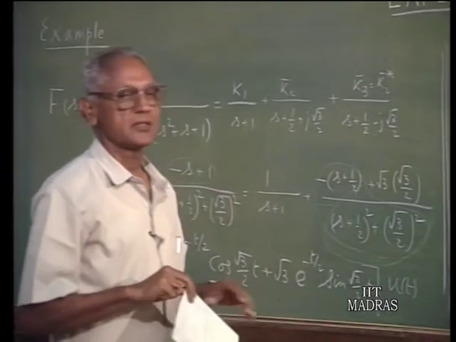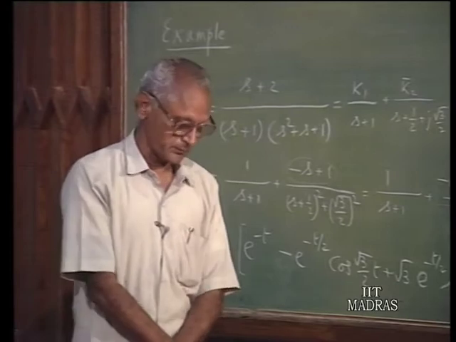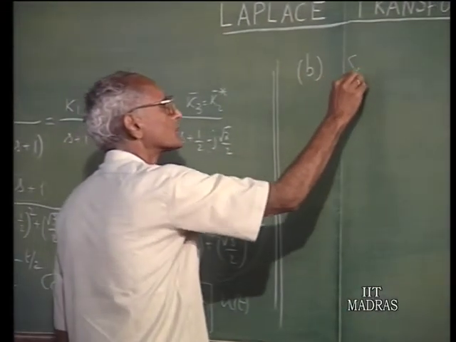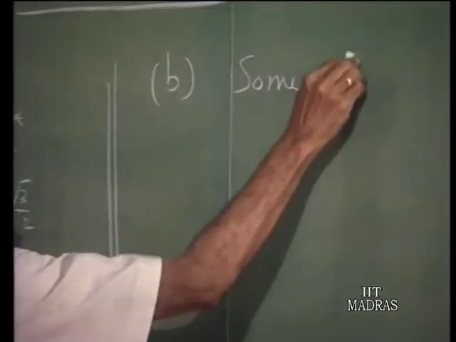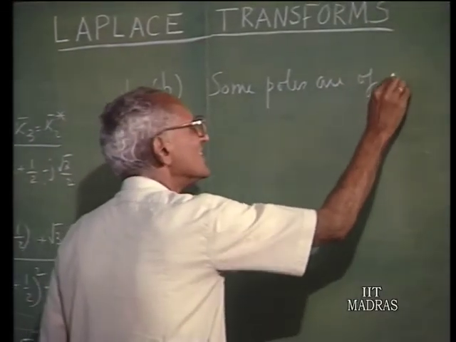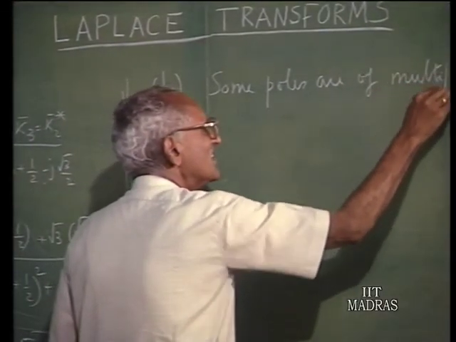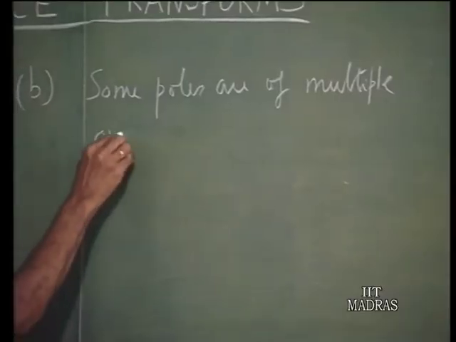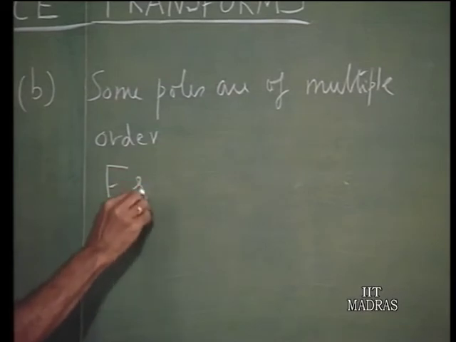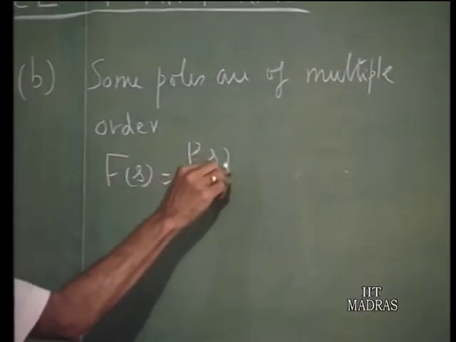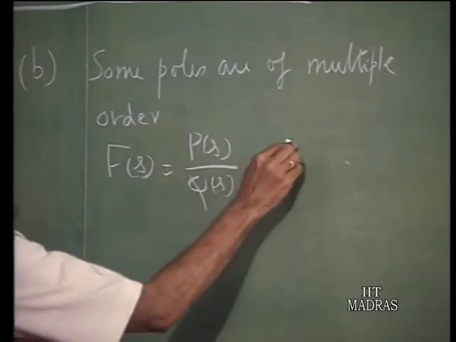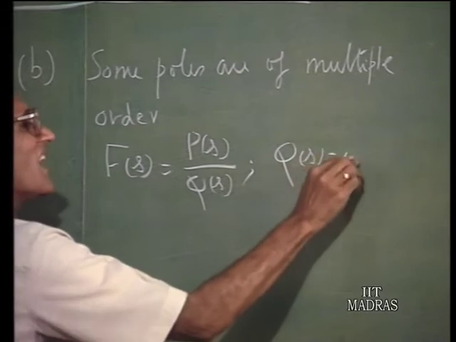So far we have considered rational functions where the poles are all simple. So what happens if some poles are of multiple order? In other words, if f of s is P of s over Q of s, and Q of s equals 0 has repeated roots.